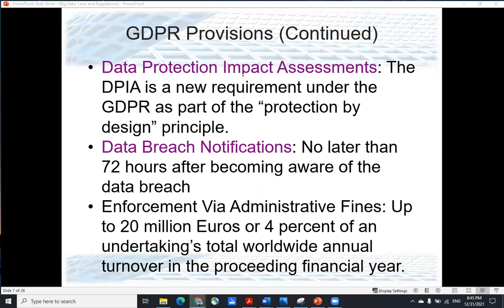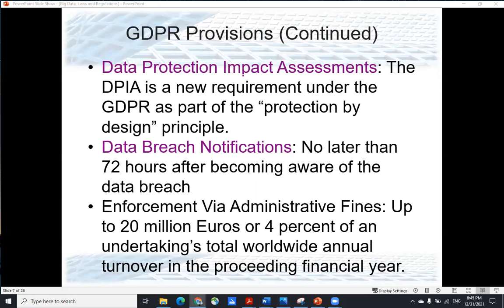And they talk about, in the case of a personal data breach, the controller shall, without undue delay and where feasible, no later than 72 hours after having become aware of the data breach, notify the personal data breach to the supervisory authority competent in accordance with Article 55, unless the personal data breach is unlikely to result in a risk to the rights and freedoms of natural persons.